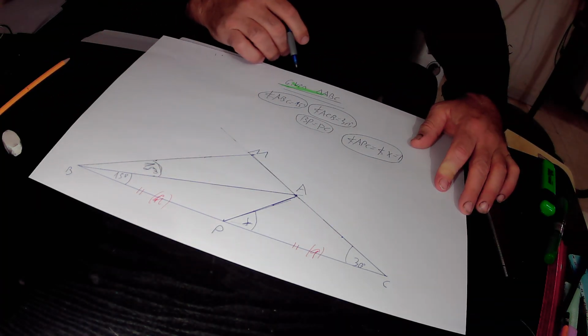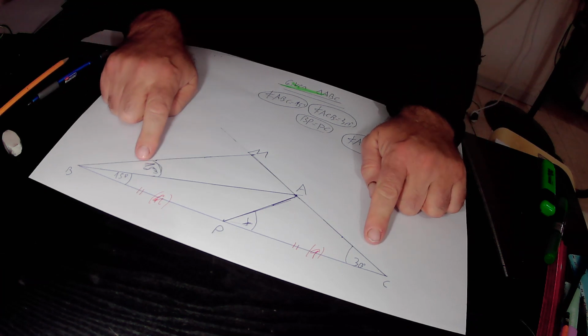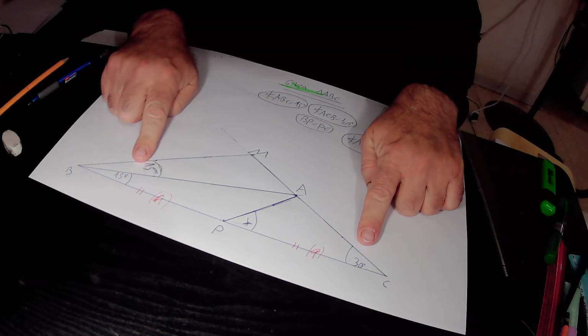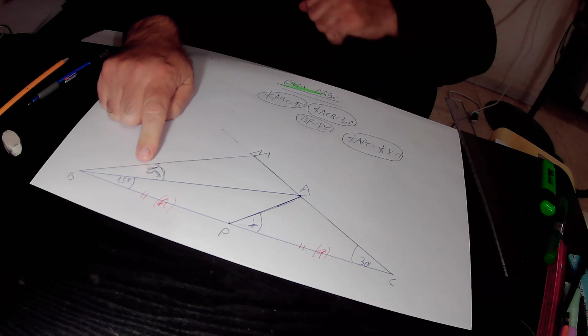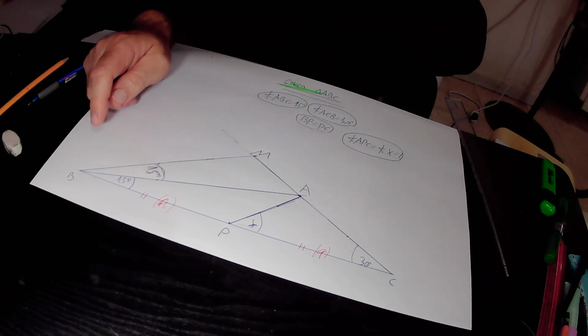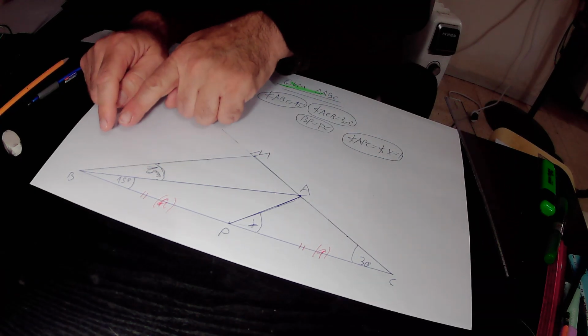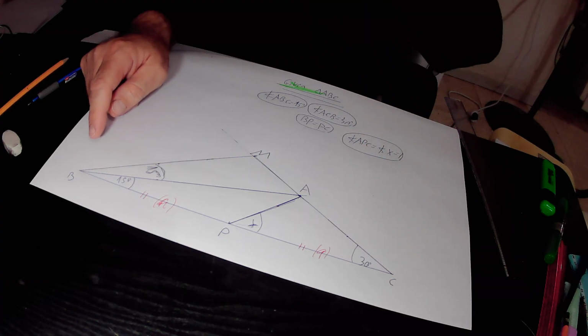Why is triangle BMC an associated triangle? Because those two angles are both equal to 30 degrees and therefore they are equal to each other. BC is the base of the associated triangle BMC. Repeat again. Side BC is the base of this associated triangle BMC.